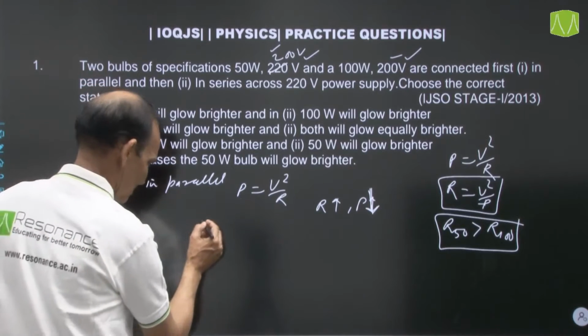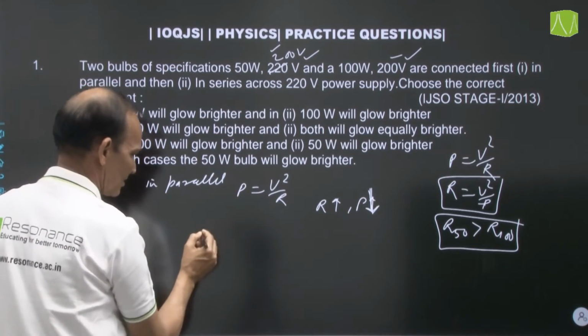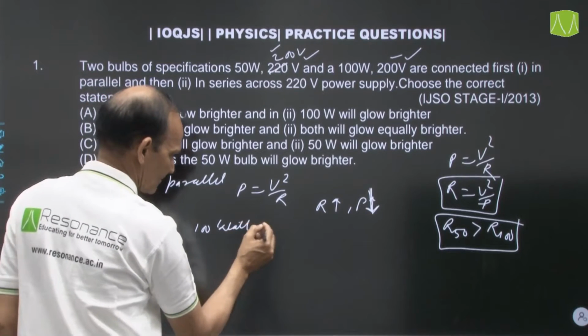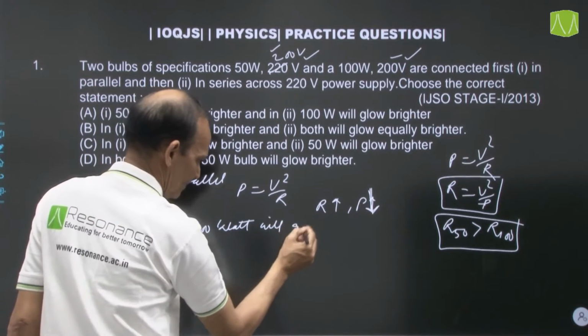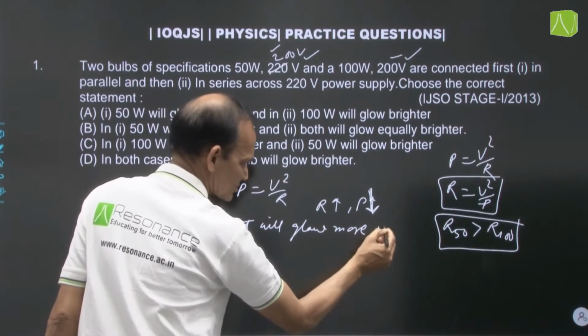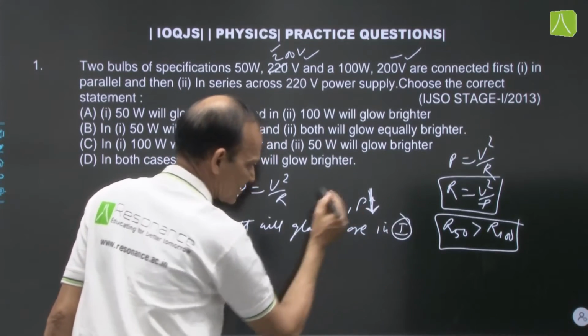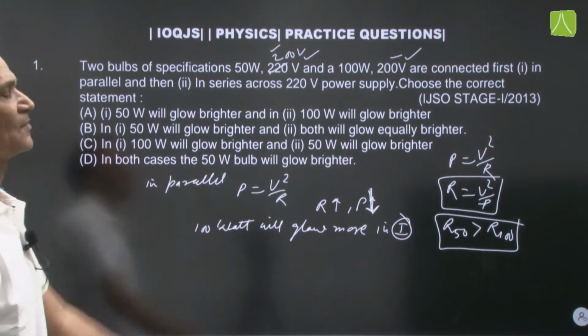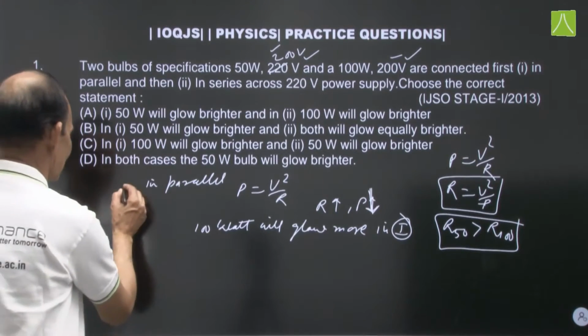So P will be greater for 100 watt, means 100 watt will glow more. In the first case, 100 watt will glow more in comparison to the 50 watt.